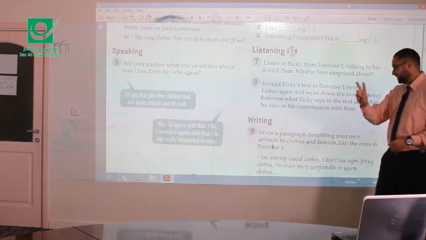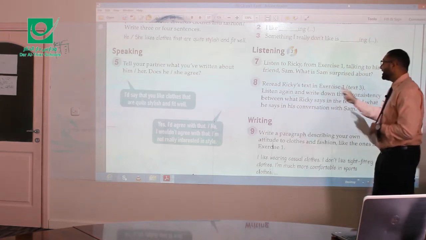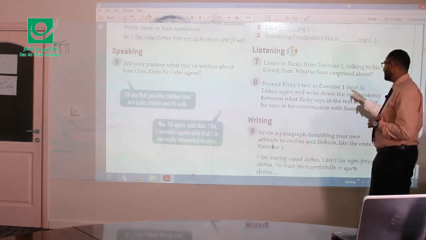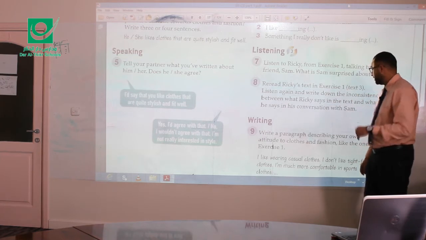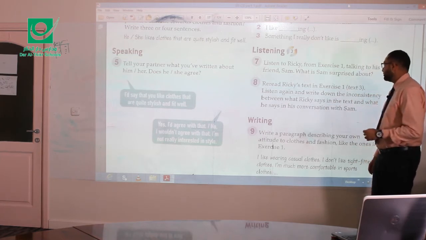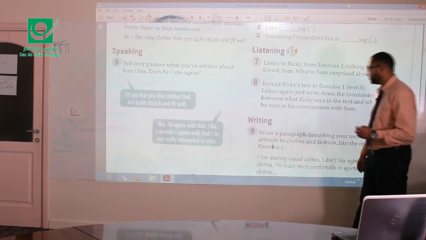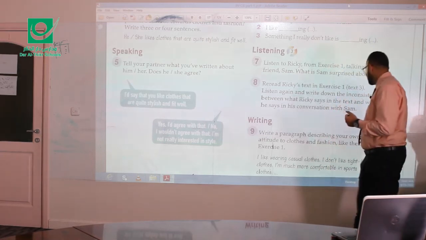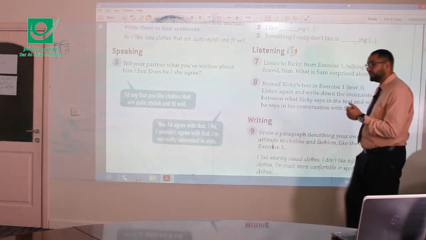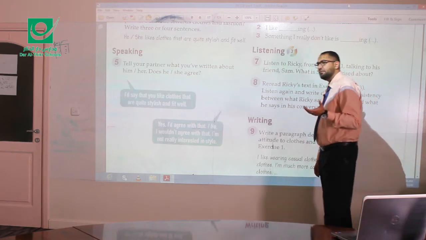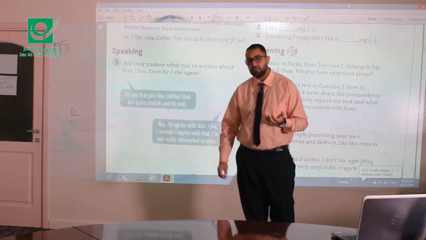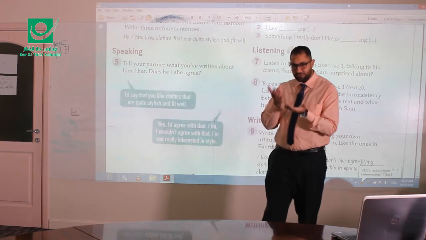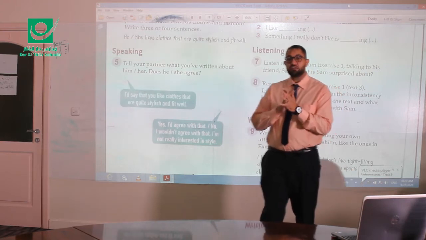Now we have another task here. Reread Ricky's text in exercise 1, which is text 3. You listen again and write down the inconsistency between what Ricky says in the text and what he says in the conversation. What do I mean by inconsistency? So there is something that is not the same, or it contradicts.